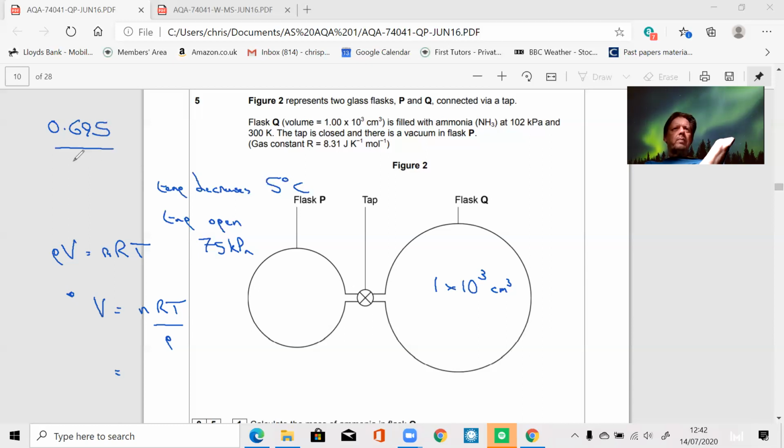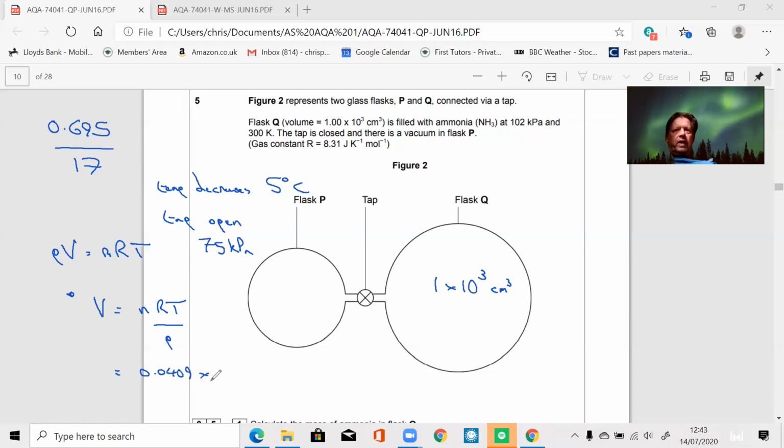So we just need to turn that back to moles again. So n equals m over Mr. I can't remember what the moles was before. So it's 0.695 divided by 17, which is 0.0409. I remember it now. So that's the moles, 0.0409.